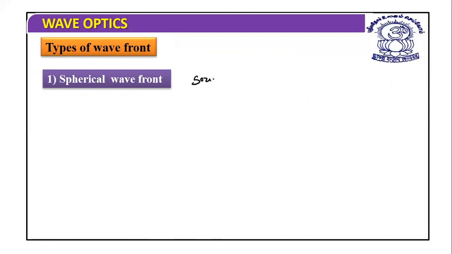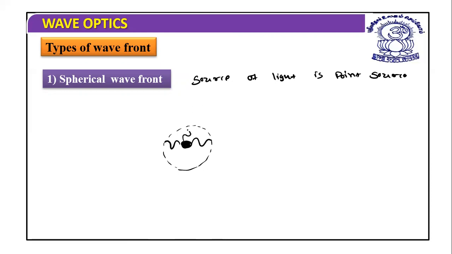Here, the source of light is a point source. If this is the point source, then surrounding it we will have a spherical shape wavefront.